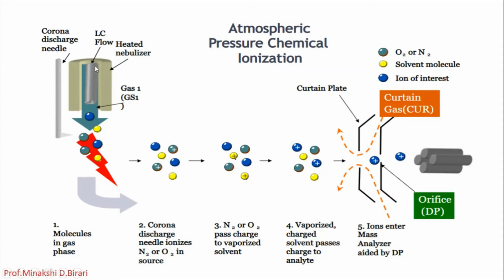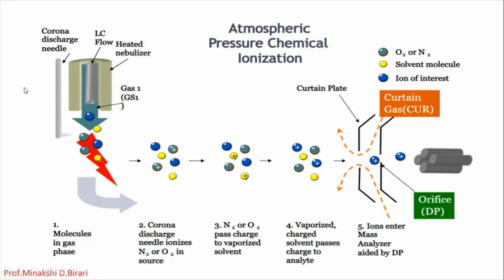The capillary is covered with nebulizing gas N2. The heated coil and nebulizing gas transfer the eluent into the ionization chamber in the form of droplets. On the droplets, the interaction of the heated desolvation gas takes place and leads to the formation of solvent analyte vapor.